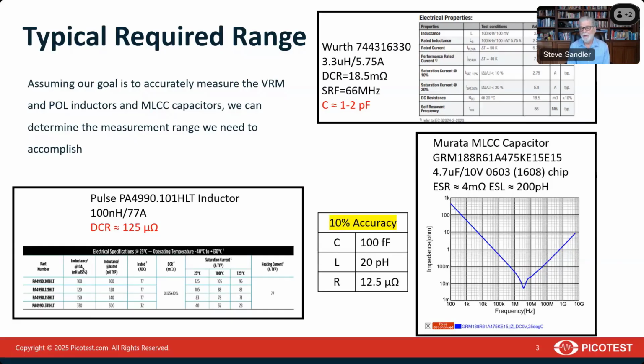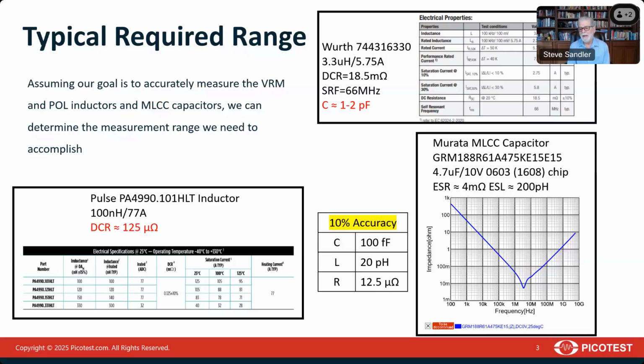In the case of a VRM output inductor, a switching regulator output inductor, we might want to measure the DC resistance, and I've seen them as low as about 125 microohms these days. The self-resonant frequency of a typical VRM inductor is typically in the region of about maybe 1 to 2 picofarads.